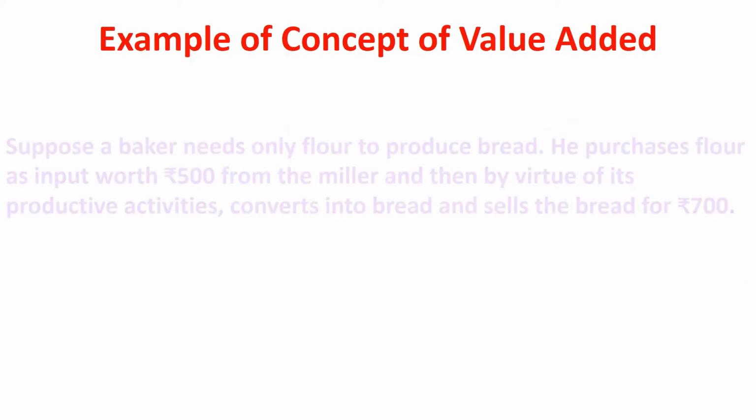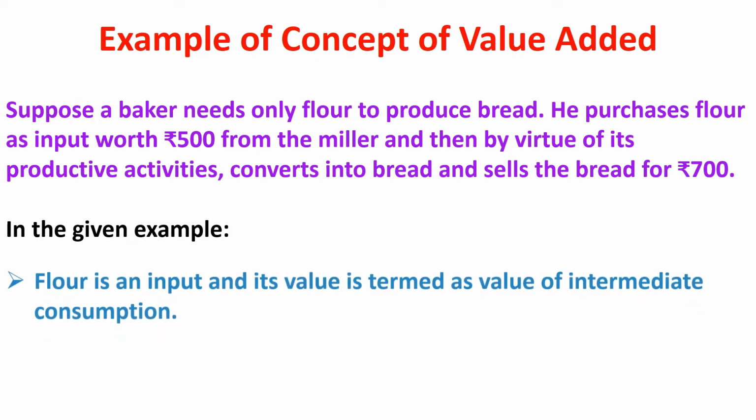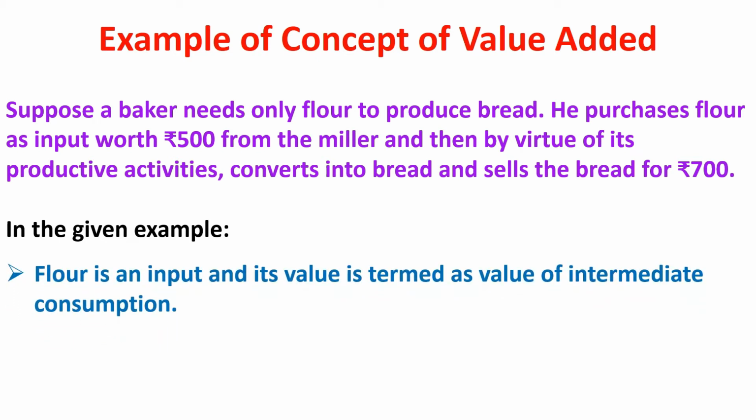Example of concept of value added. Suppose a baker needs only flour to produce bread. He purchases flour as input worth Rs 500 from the miller and then, by virtue of its productive activities, converts it into bread and sells the bread for Rs 700. In the given example, flour is an input and its value of Rs 500 is termed as value of intermediate consumption.